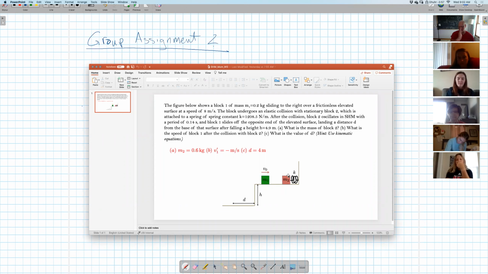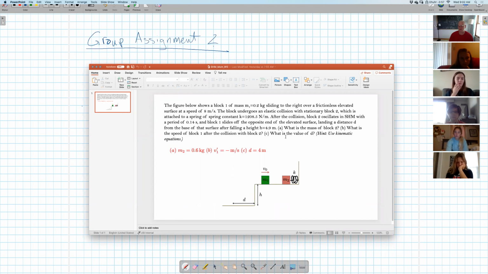So it goes from equilibrium to negative of the amplitude to the amplitude back to equilibrium in 0.14 seconds. At which point, M1 then slides back to the left with a new velocity because it has made an elastic collision. Then it's going to rocket off of that little cliff here, which has a height of 4.9 meters, and it's going to undergo projectile motion until it hits the ground, the 4.9 meters below.